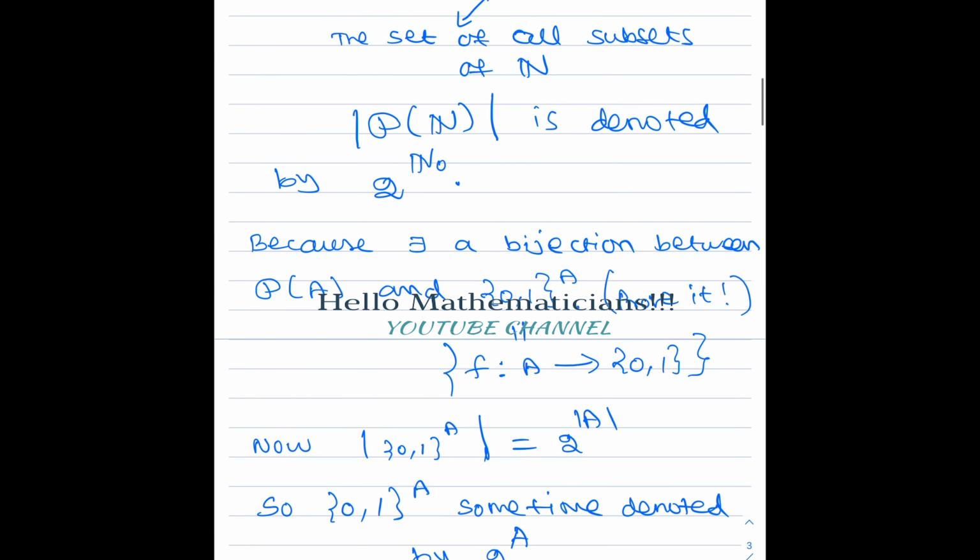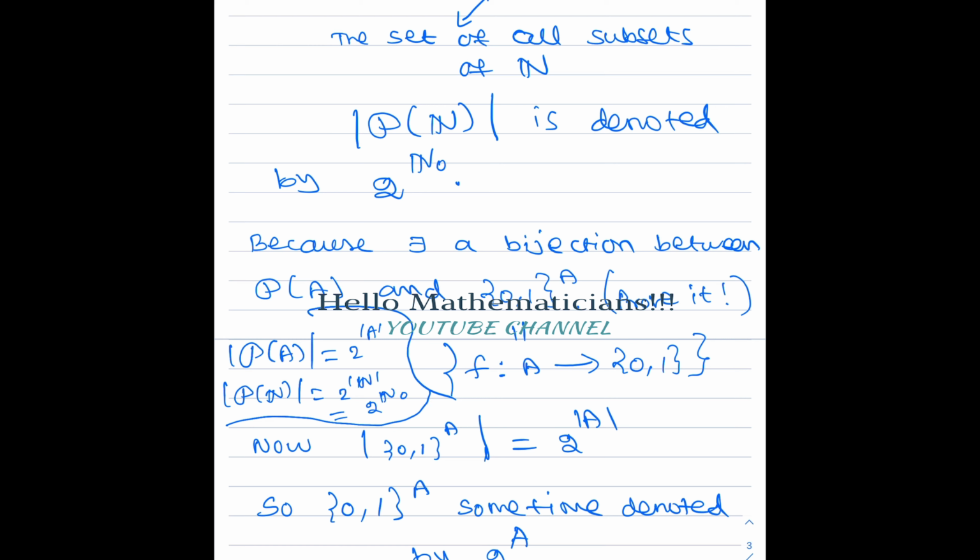Also we know that the cardinality of the power set of A is 2 power the cardinality of A, always. Correct? So what is the cardinality of the power set of N? This is 2 power the cardinality of N, which is equal to 2 power aleph naught, because the cardinality of N is aleph naught.